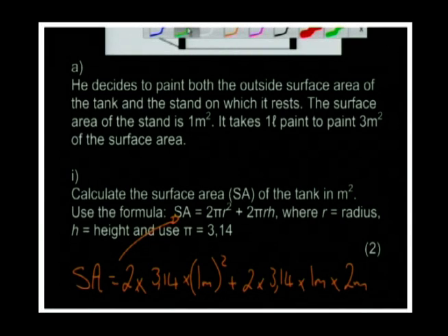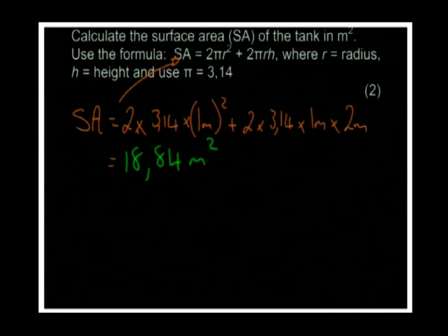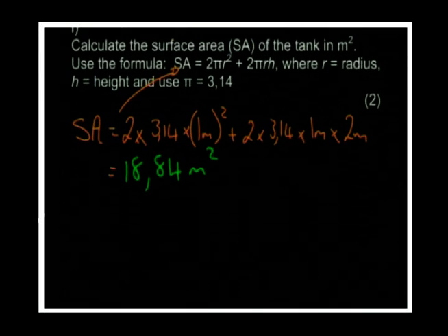So I've now got 18,84 meters, what? Meters squared or meters cubed? Meters squared. Why? Because we're dealing in area, and area is always squared. So now we've got the surface area of the tank. That's what it asked us for, and that's what we've done. Let's go on to the next question.